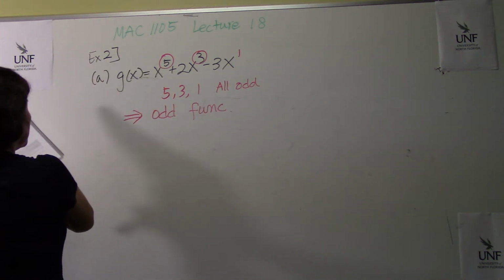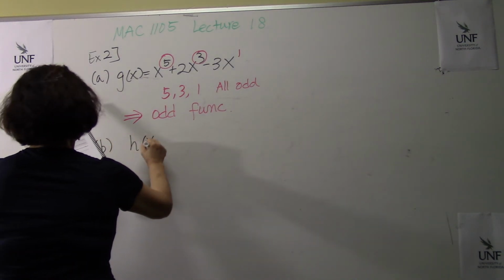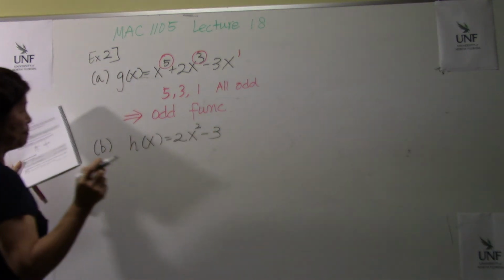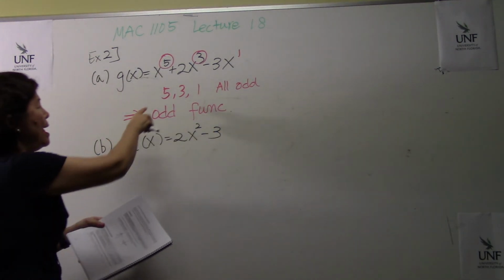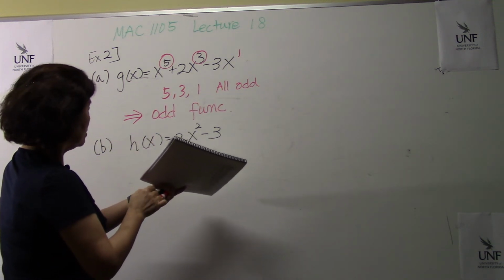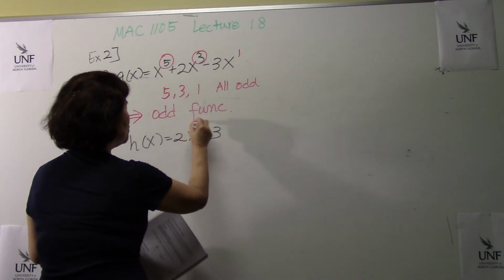What about part B? B, h of x equals 2x squared minus 3. In this case, all the powers are 2, and what do you think over here? 2.